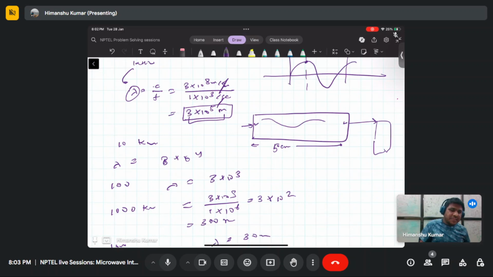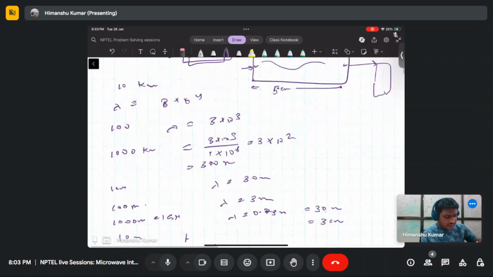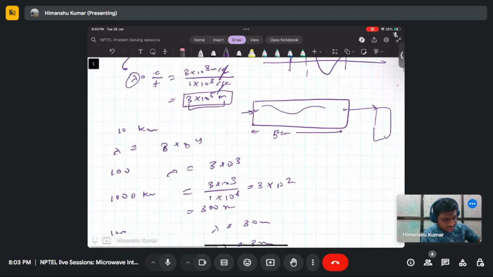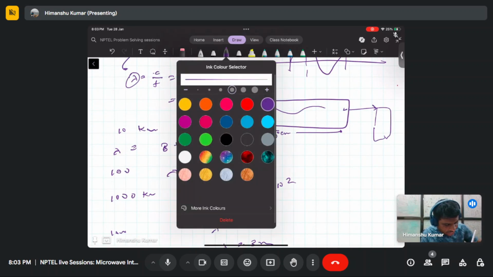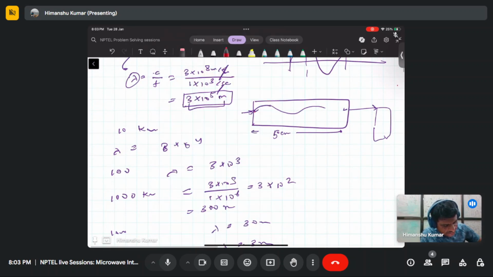If you are using high frequency, your voltage and current will vary along the line. So if you choose different lengths, let's say this is the wave which is traveling through this line.